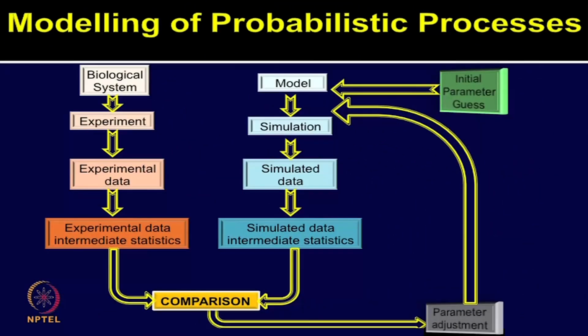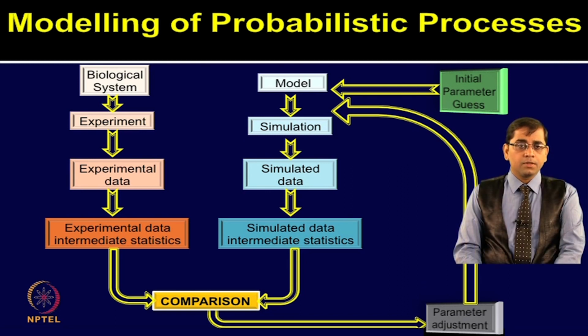The modeling of probabilistic processes involves, let us say, you want to study a biological system, so some experiment has to be performed. The experimental data set will be generated, from which some statistics could be applied, which can be used for comparison.